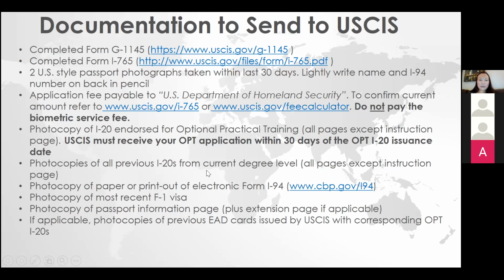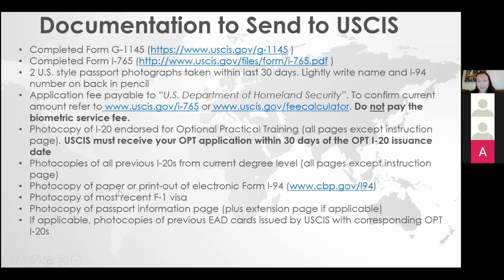So the next thing you're including is copies of all of your previous I-20s from your current degree level. So just keep in mind, if you've had multiple degrees and you're applying at the master's level for OPT, you don't need to include your bachelor's I-20s. The only time you would include I-20s from a previous degree level is if you've had CPT from those degree levels.